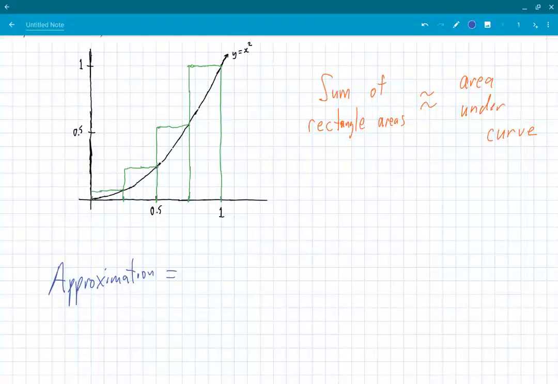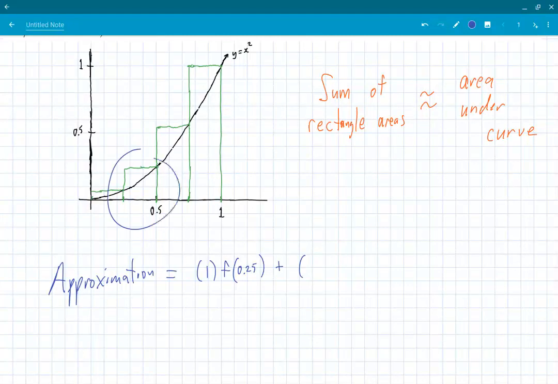So the base is always, oops, no, the base is not 1. The base is 0.25, right?